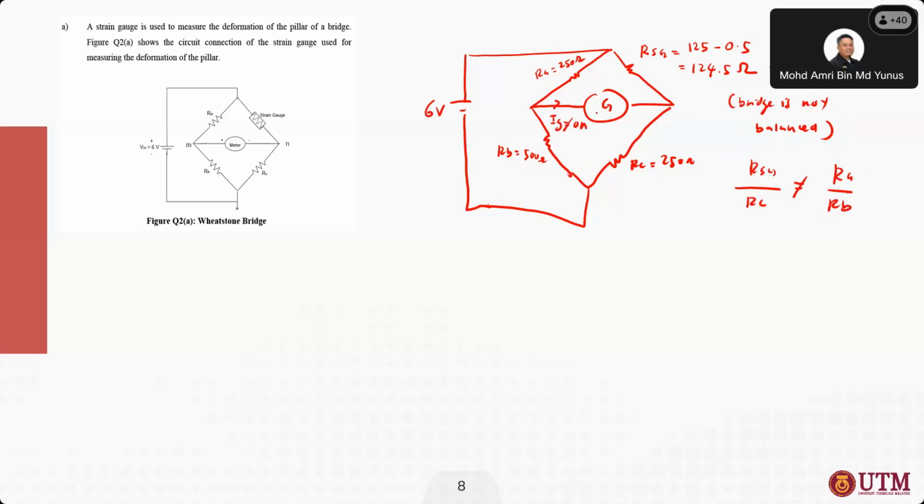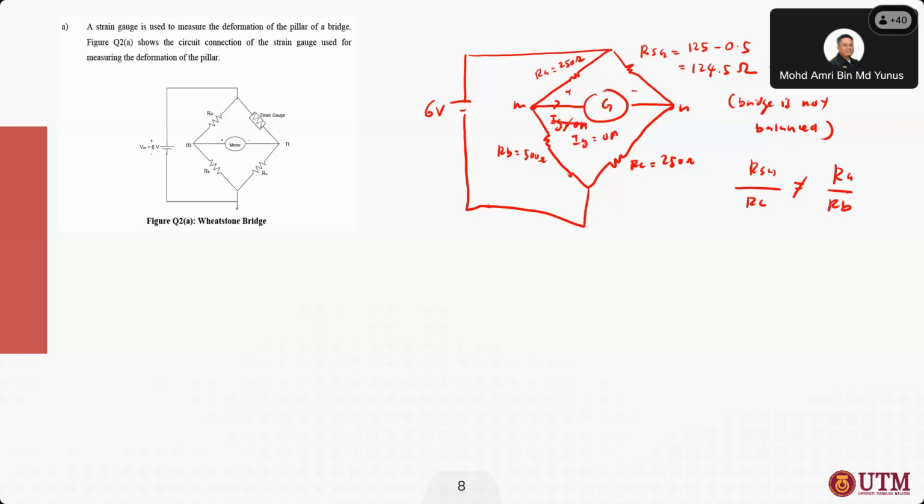There will be some deflection, some current that flows between M and N. But in this question, I assume that IG is 0 ampere, but the potential can still be measured between M and N.